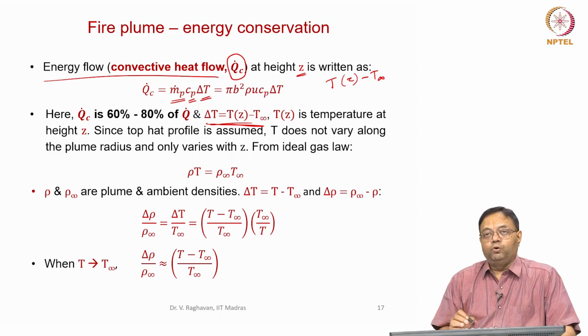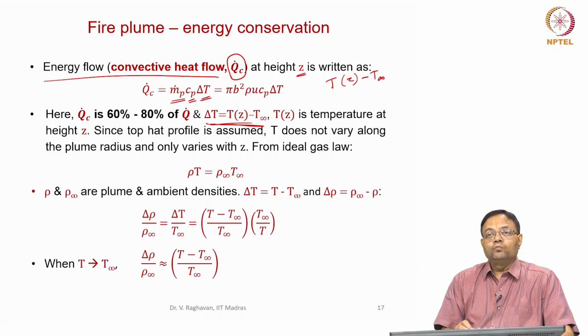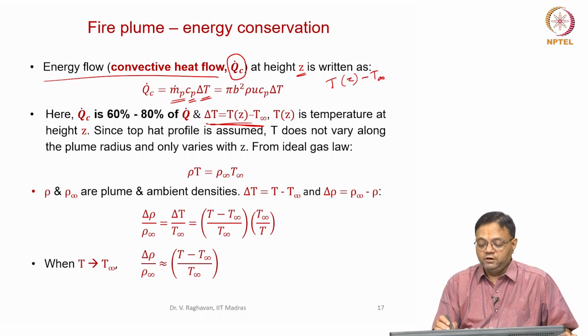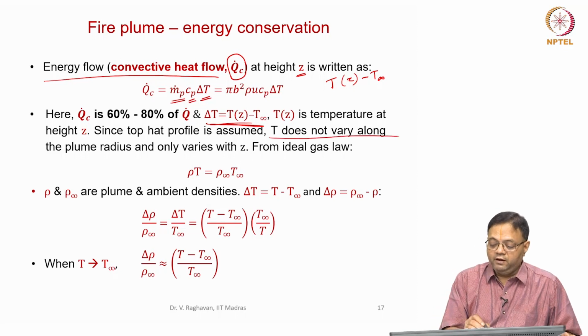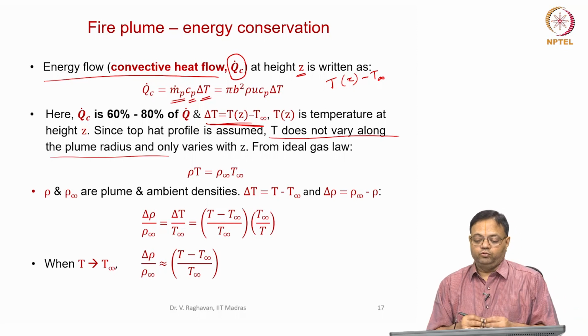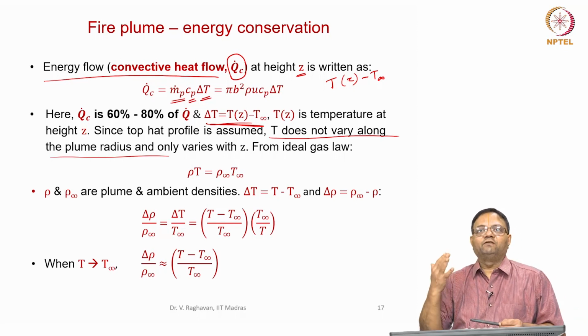Within the plume, since we have assumed that the velocity or temperature will not change, we can say that the T variation along the plume radius will not be present. So T is a sort of average temperature.